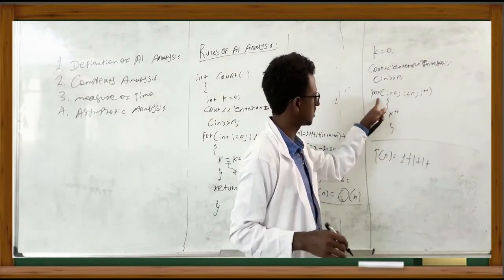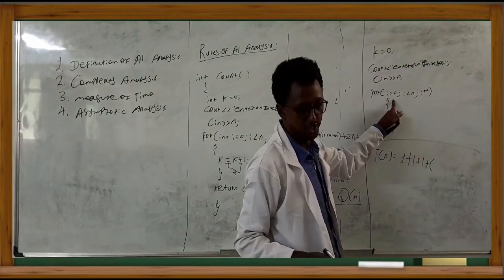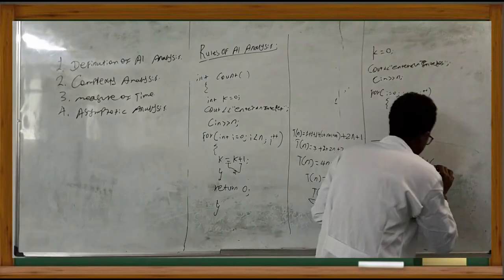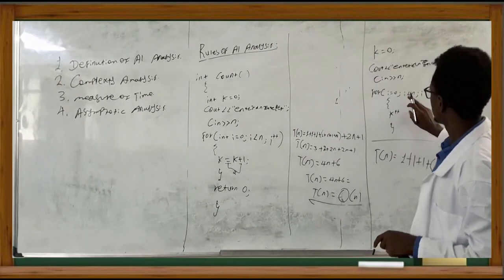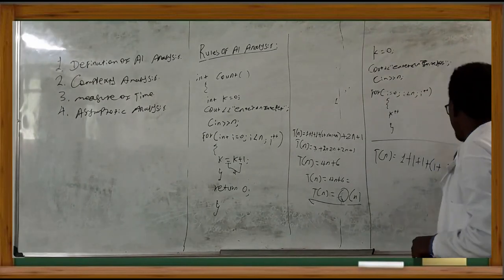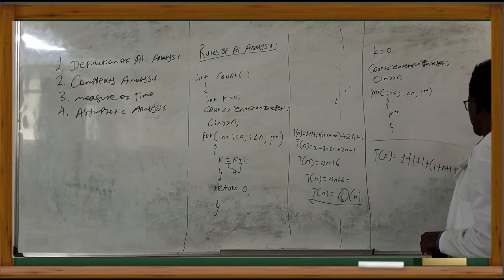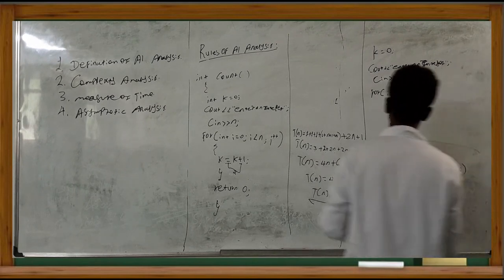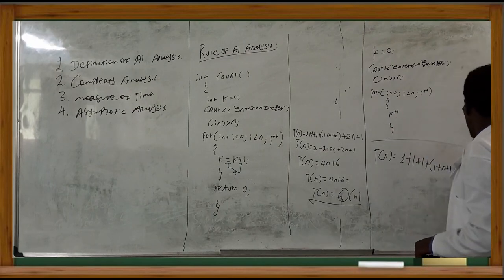For the looping statement, we nest it and compute for each one. There is an assignment operator for i is equal to 0, 1 plus the condition check operation, this one n plus 1 conditions, plus the increment is n, then plus till n operations.